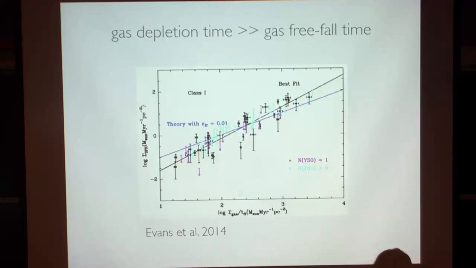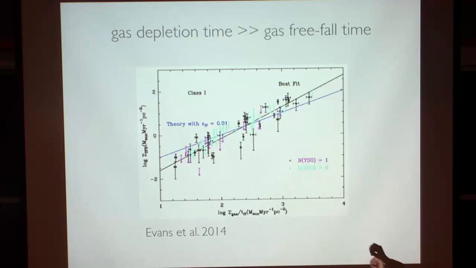But that's not really true when we look at all the star forming systems, from very small scales to large scales. This is an observational result for individual star forming cores. In this plot, the y-axis measures the star formation rate, by counting young stellar objects. The x-axis is the gas surface density divided by the gas free fall time, which is the naive expectation of the star formation rate.